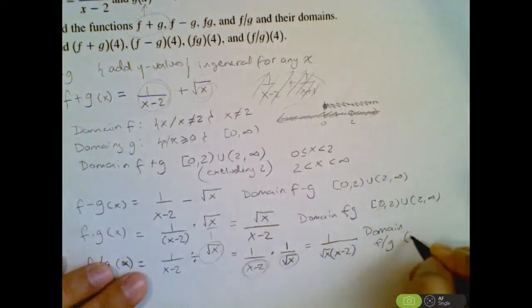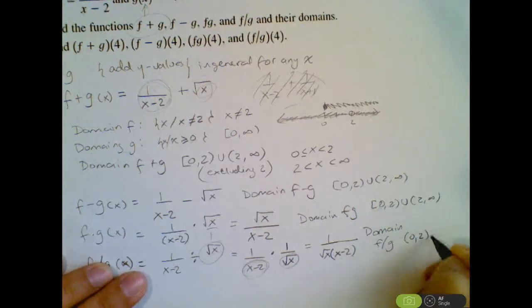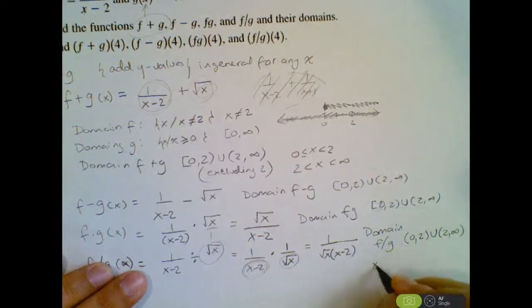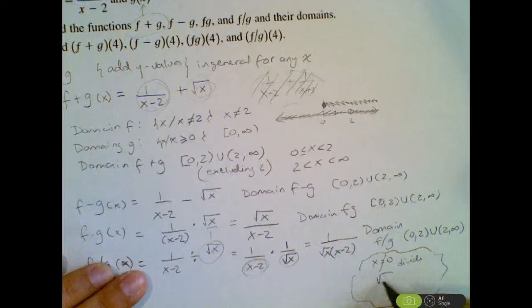So I'm just going to open it at 0. And then everything else is the same. I just took away x cannot be 0. X cannot be 0 because dividing by square root of 0 means dividing by 0, and that cannot be done.